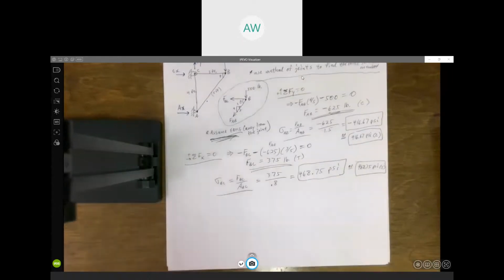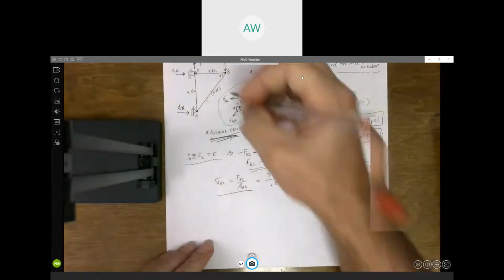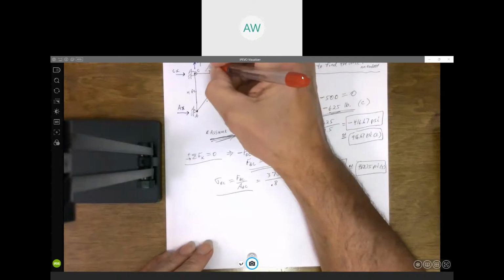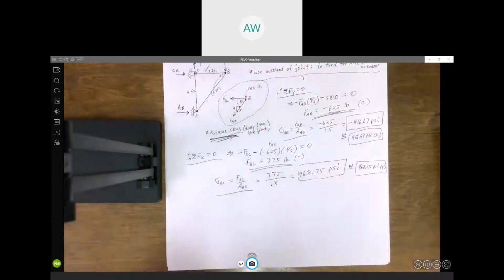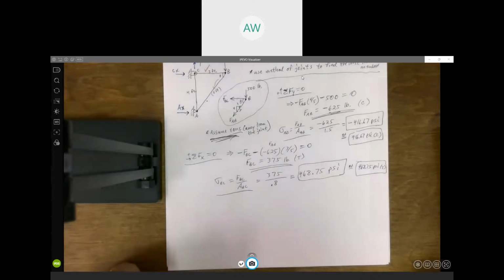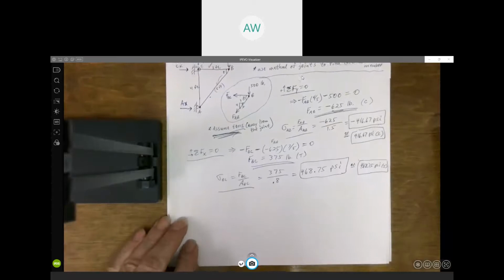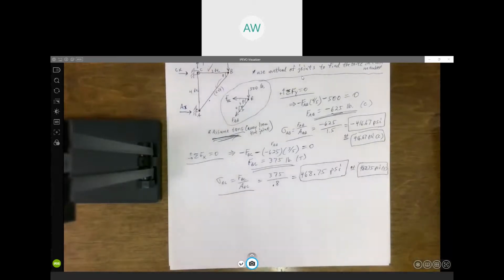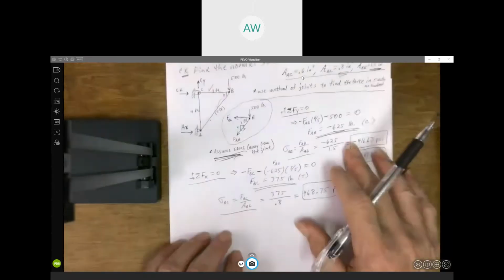We have now found the stress in this one and that one. We have one more: remember, we have AC to find. So here's where we move to a connecting joint. We have a choice.